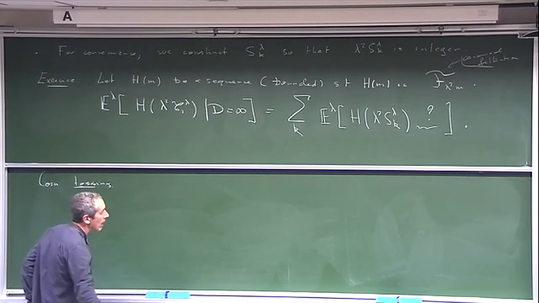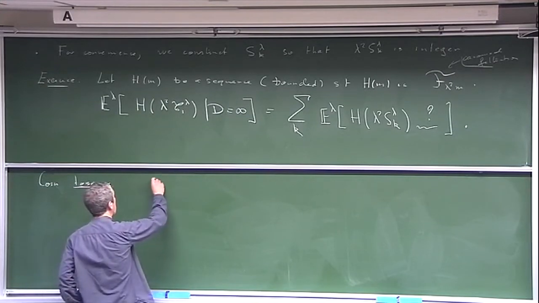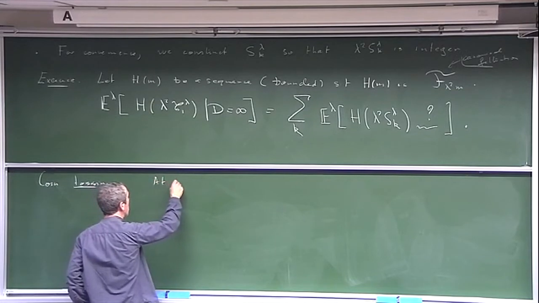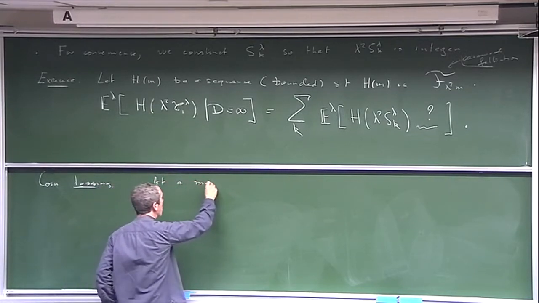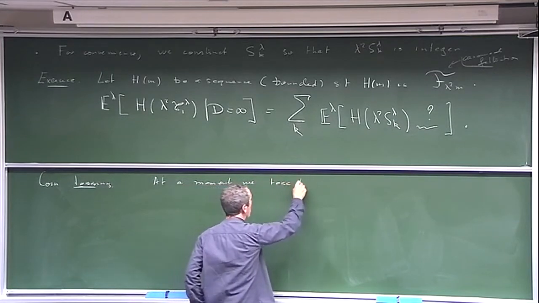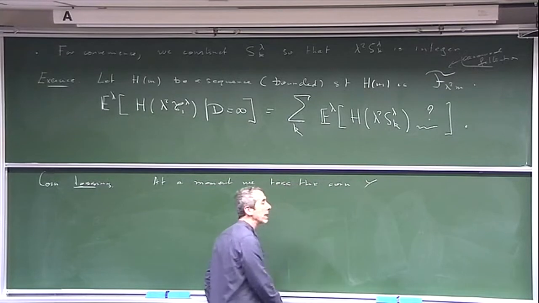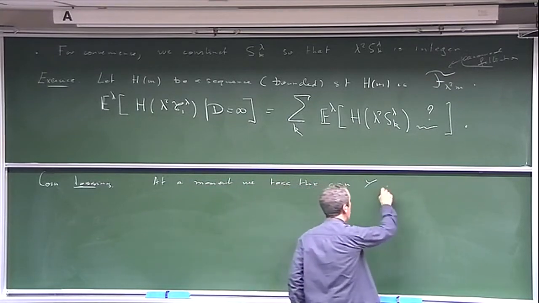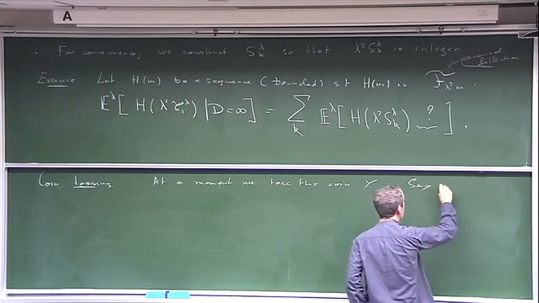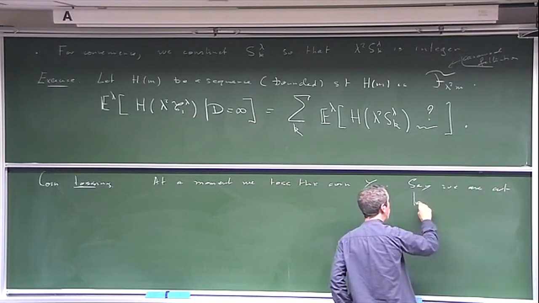Say at that moment you are in a certain location. So we look at what happens at the moment we toss the coin. Let's call it Y. And say we are at location X.